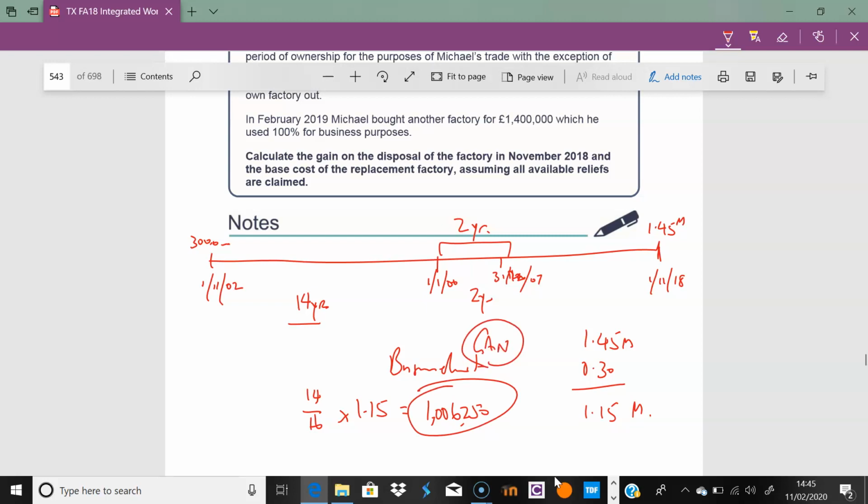It says that he spends 1.4 million on another factory, which he uses 100% for business purposes, and that's fine.